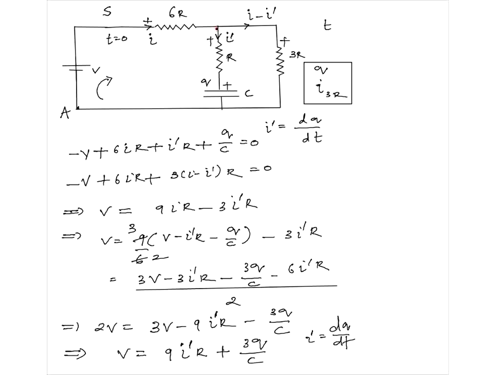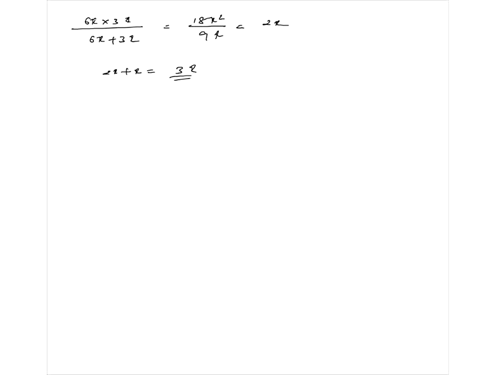V by 3 will come across this capacitor because this resistor will create no drop. So CV by 3 is going to be the maximum charge.